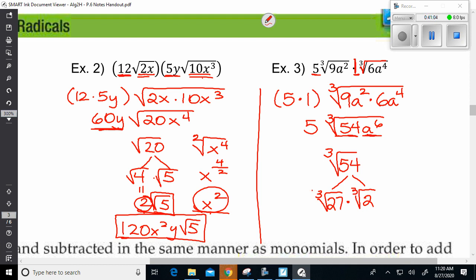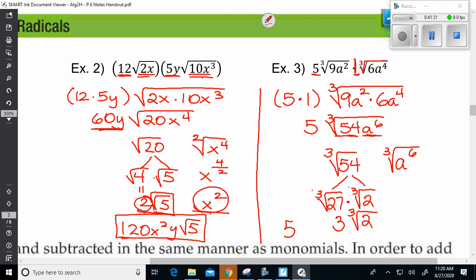Cube root of 27 is 3. The cube root of 2 can't simplify anymore. So the 5 is still floating out there, it's waiting.